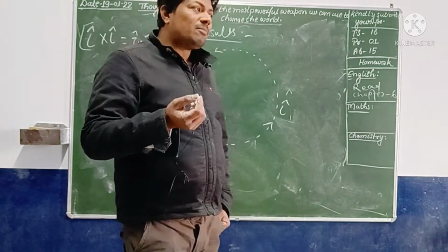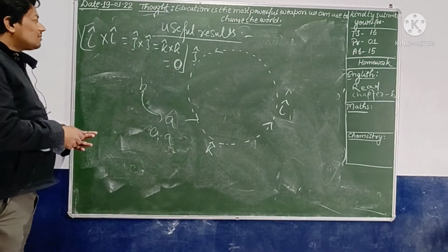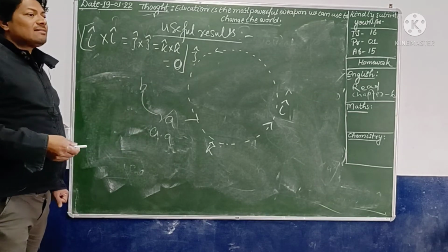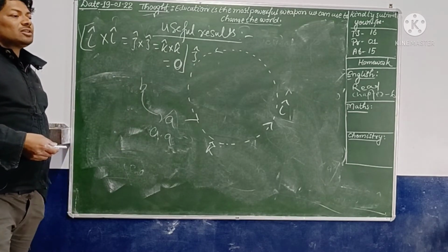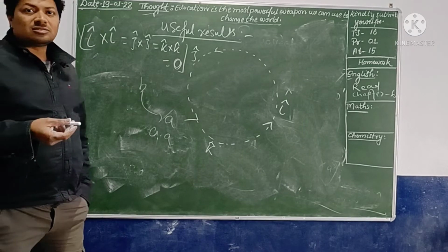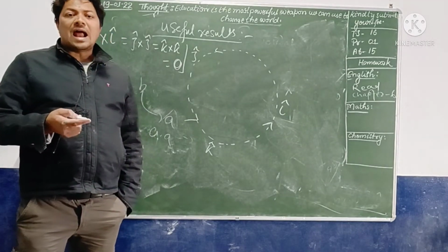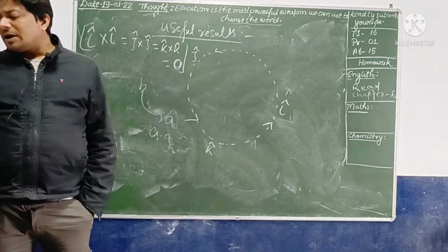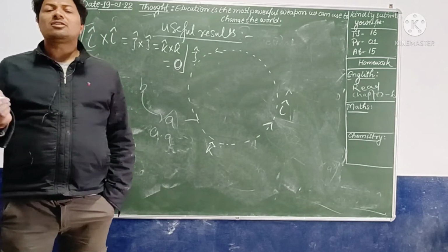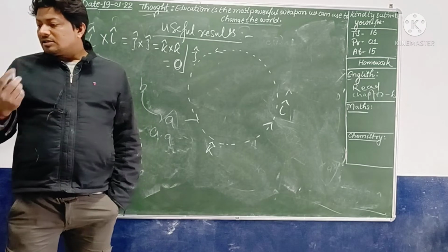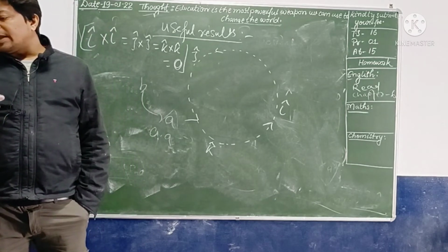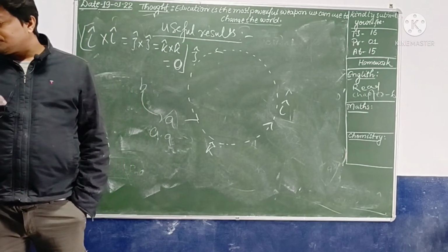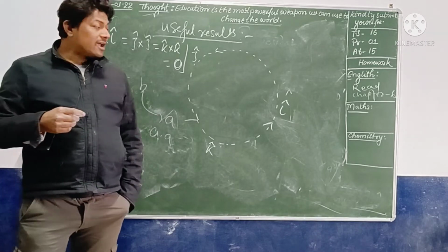But if you are talking about the rest of the things, when you talk about A cross B, B cross A or something like that, at that time it will be equal to sin theta. In the same pattern, if you have I cross j cap, j cross k cap, k cross I cap. Clear? I cross j cap.